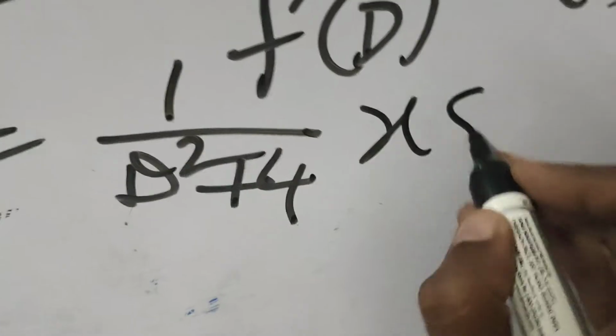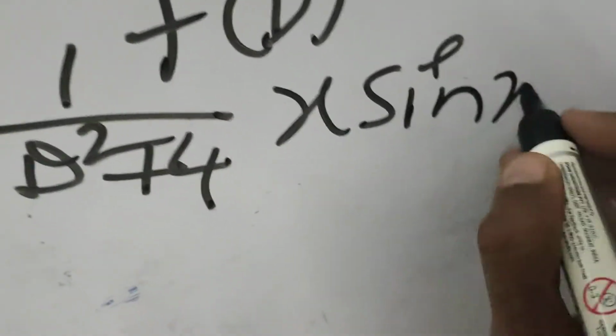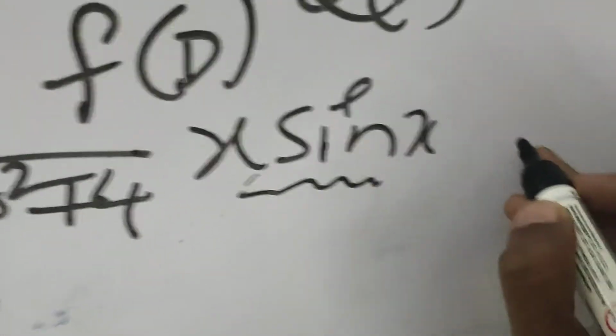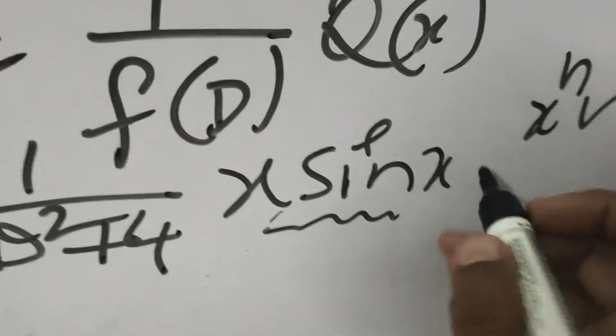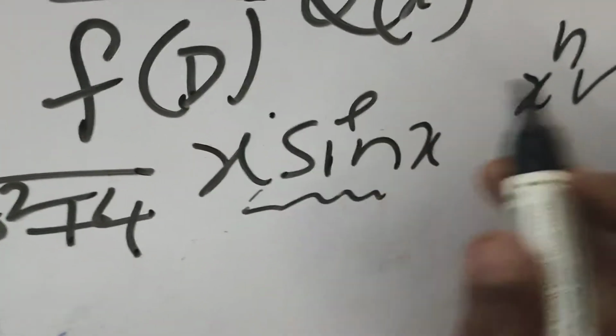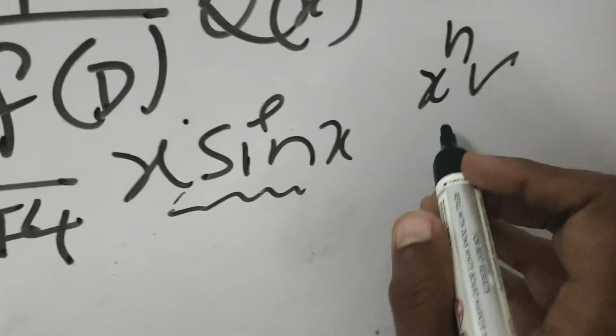To find the particular integral, this is case number 4, that is x^n into V. Here n is 1 and V is sin x, that is x sin x.